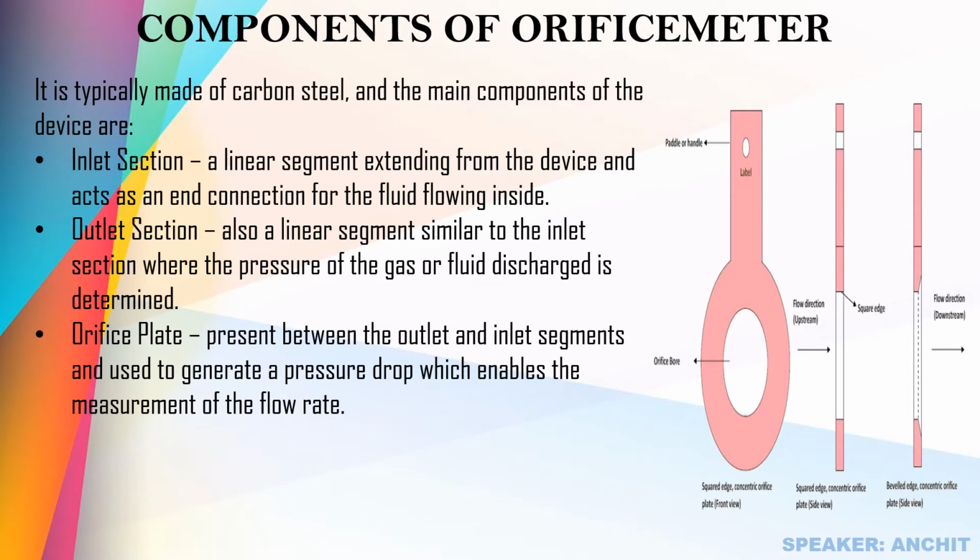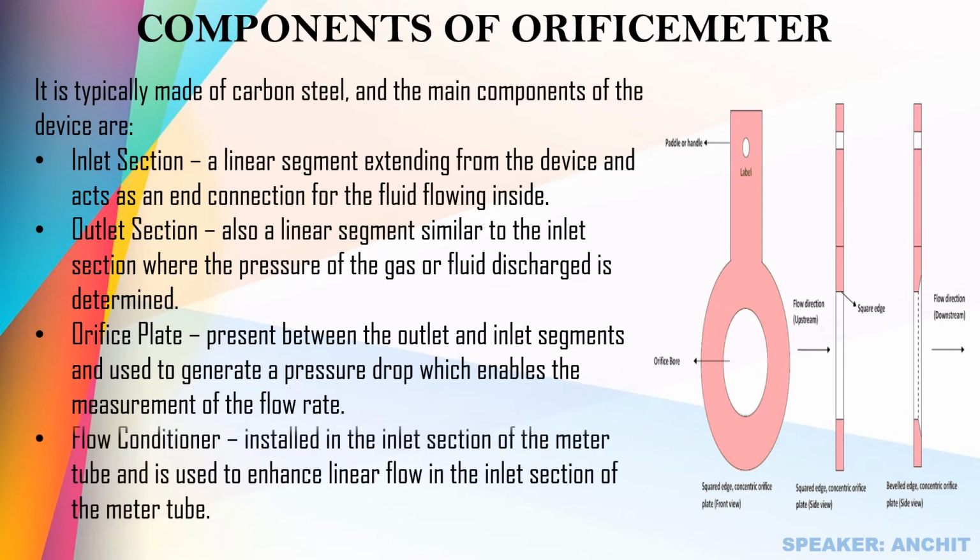Orifice plate, present between the outlet and inlet segments and used to generate a pressure drop which enables the measurement of the flow rate. Flow conditioner, installed in the inlet section of the meter tube and used to enhance the linear flow in the inlet section of the meter tube.